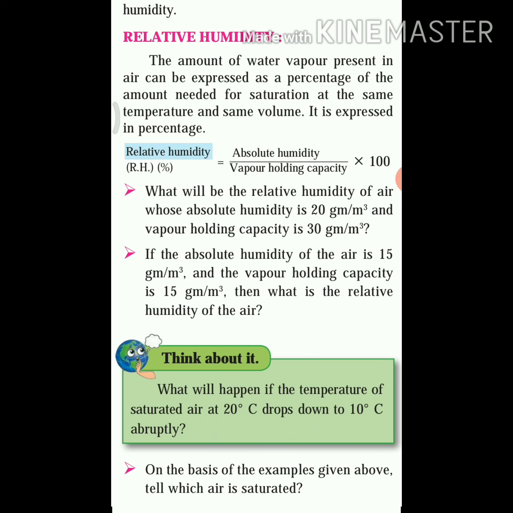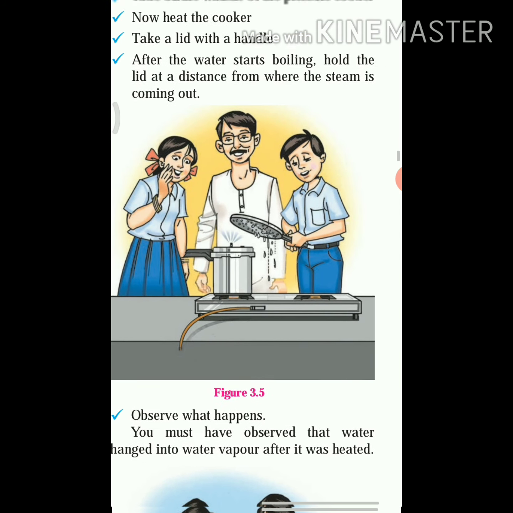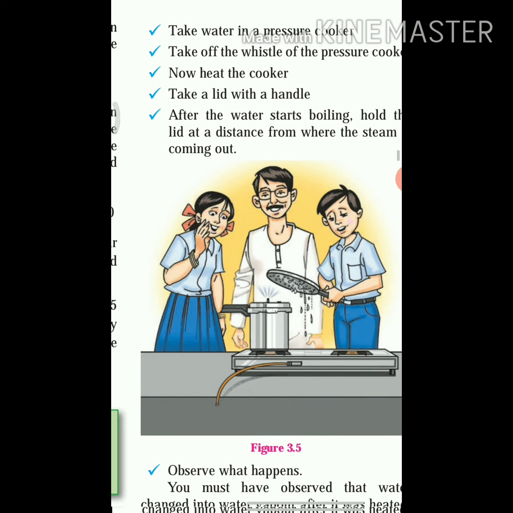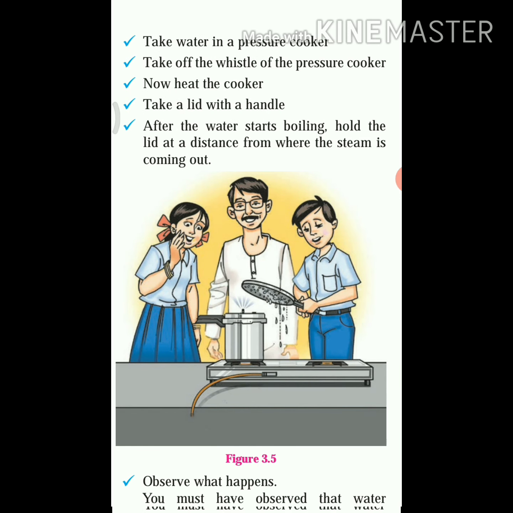Got it? Now you can see the activities given here for relative humidity. First of all, take a pressure cooker with water in it. Take off the whistle of the pressure cooker. Now heat the cooker. Take a lid with a handle.